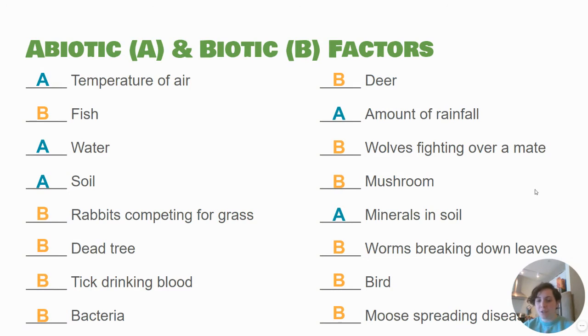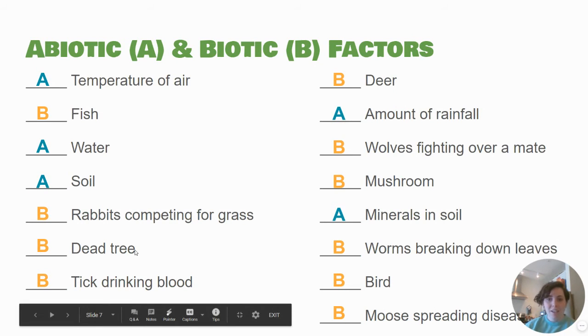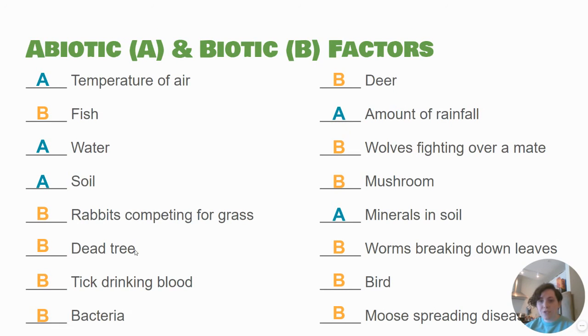All right, so compare what you had to what I have. Here's what I am seeing. So some that people tend to struggle with a little bit. The big one right here is a dead tree. We are considering a dead tree a biotic factor. And you might be staring at me going, Miss Segla, it's dead.